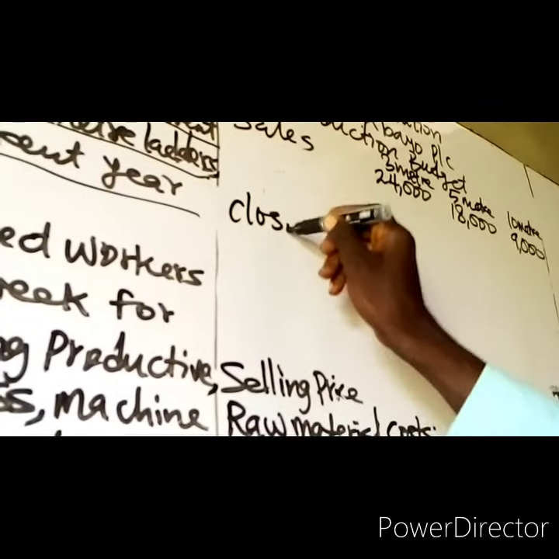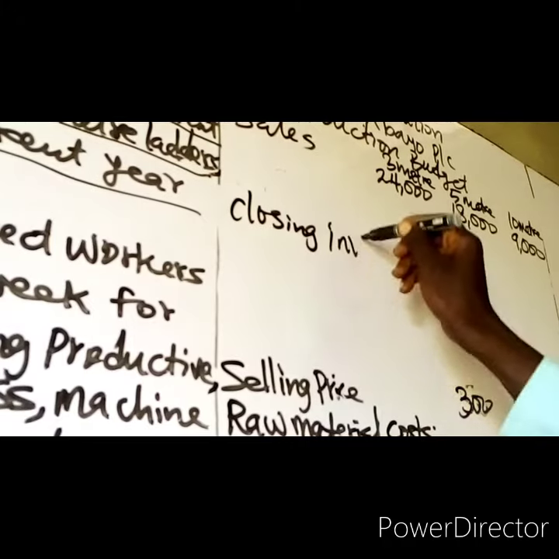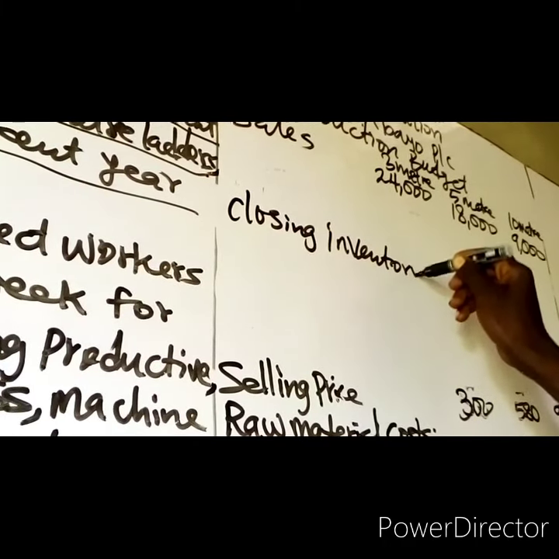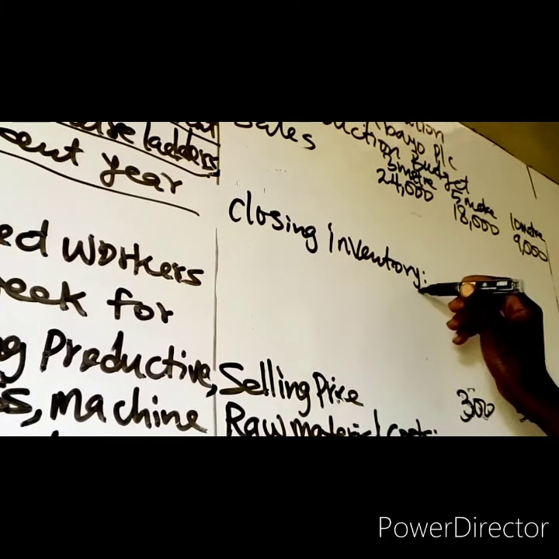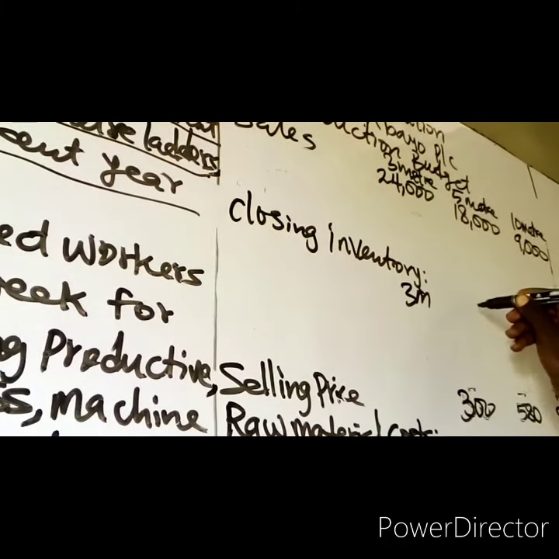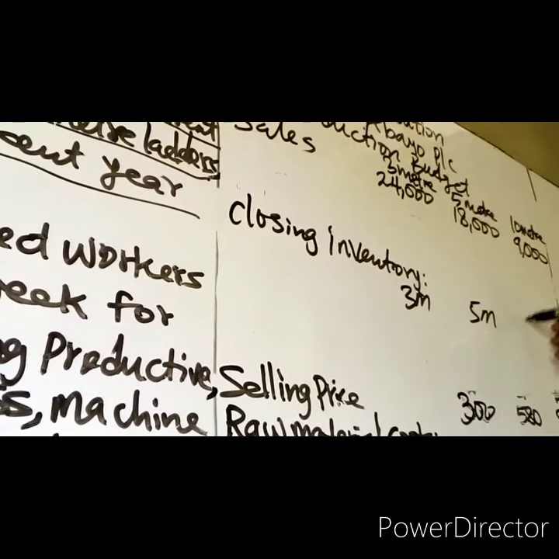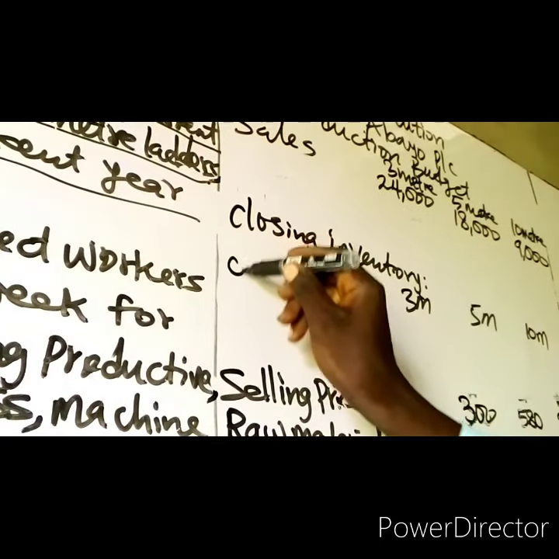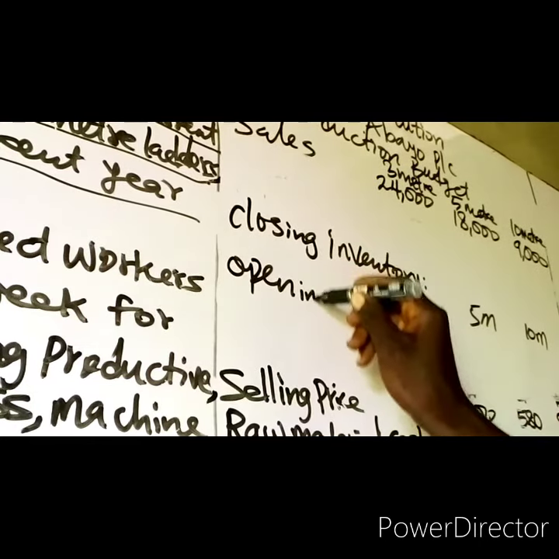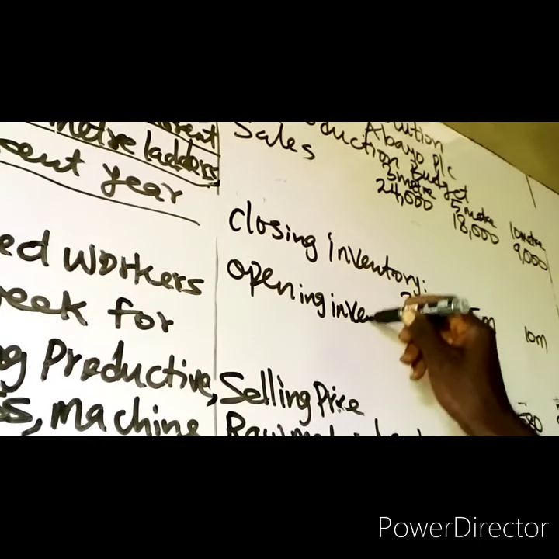Now let's determine the closing inventory. You were given 3 meters, 5 meters, and 10 meters. You are given opening inventory.